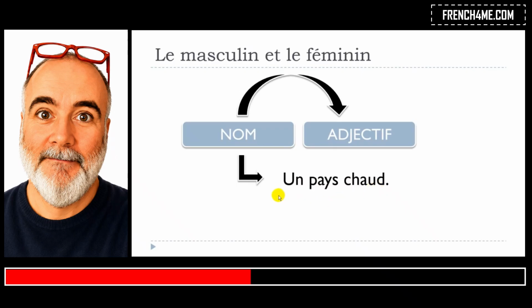So if we translate directly, un pays is a country, and chaud is warm, hot. Okay, un pays chaud. So you can see that here pays is masculine, un is the masculine article, un pays chaud. And in that case, your adjective is written in the basic form. So the masculine form is the basic form.